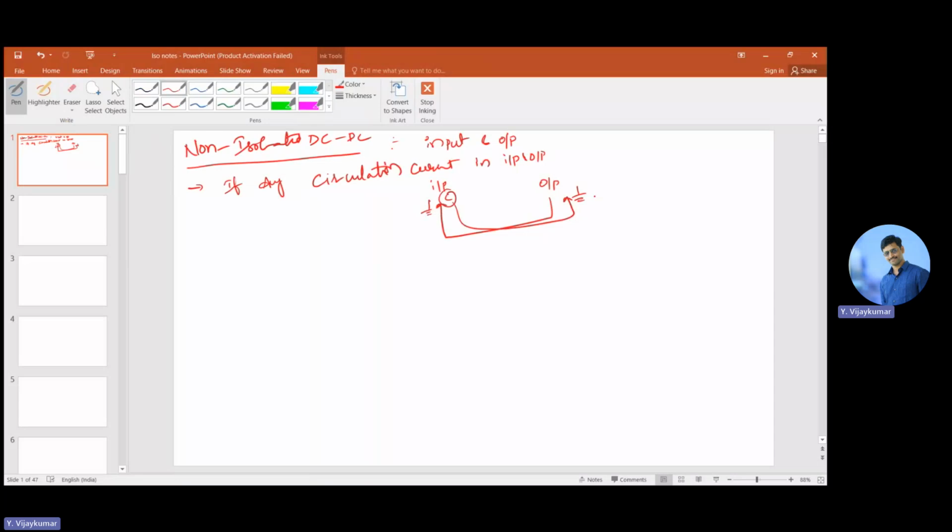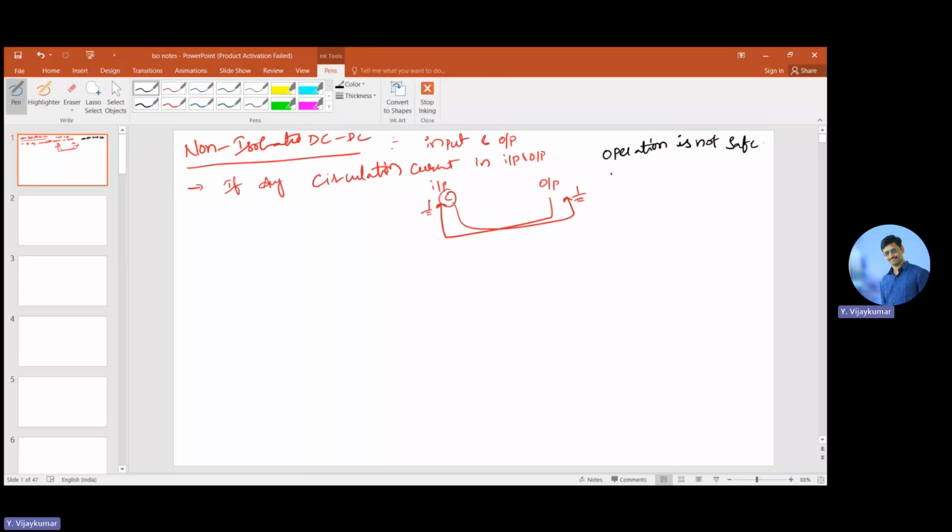And because of this circulation current, the operation is not safe with the non-isolated converter.